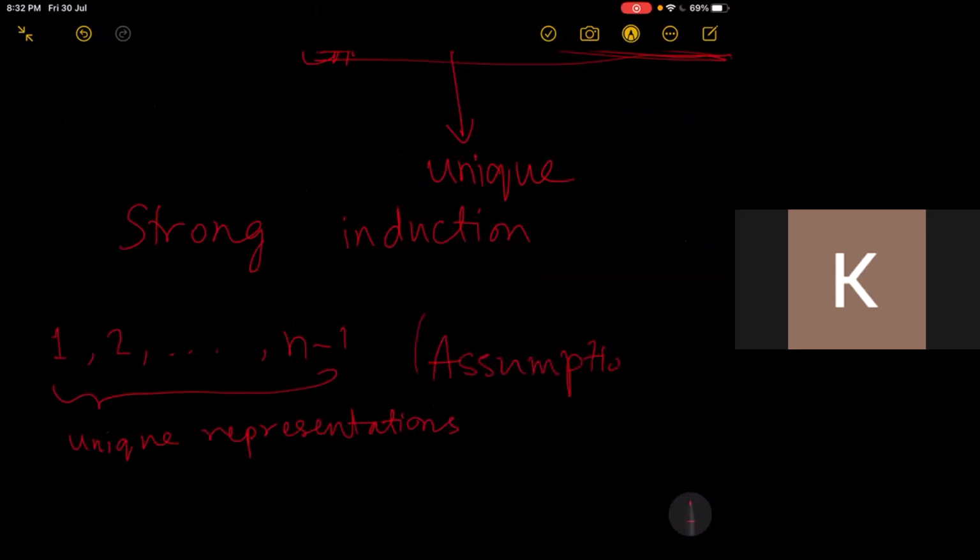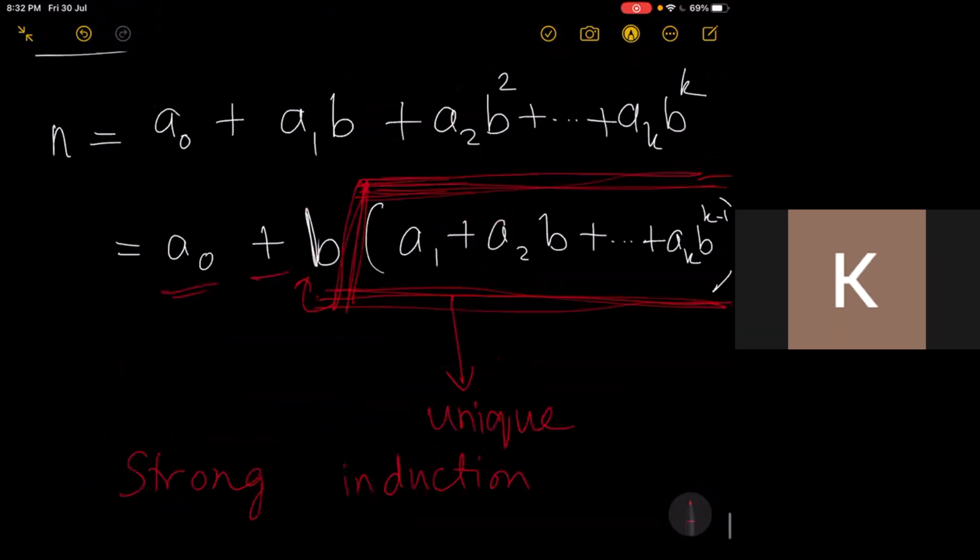induction hypothesis. So if all of them can be written uniquely, then this number, how many digits does this number have? If you write it in base B, how many digits will it have?